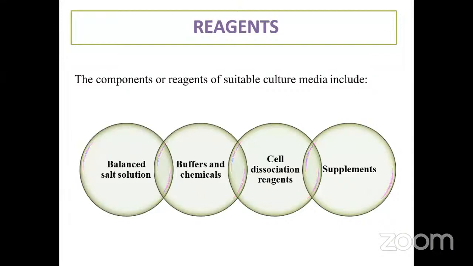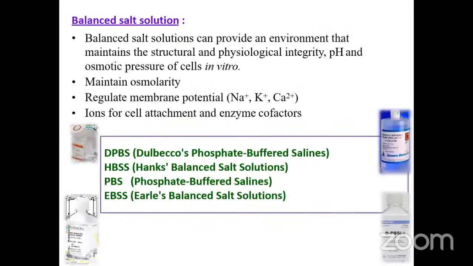And what are the components or reagents which are suitable for culture media? First is balanced salt solution. Then we need buffers and chemicals for maintenance of pH. Then cell dissociation reagents like trypsin, pepsin, and supplements like glutamine, because some supplements we will add.